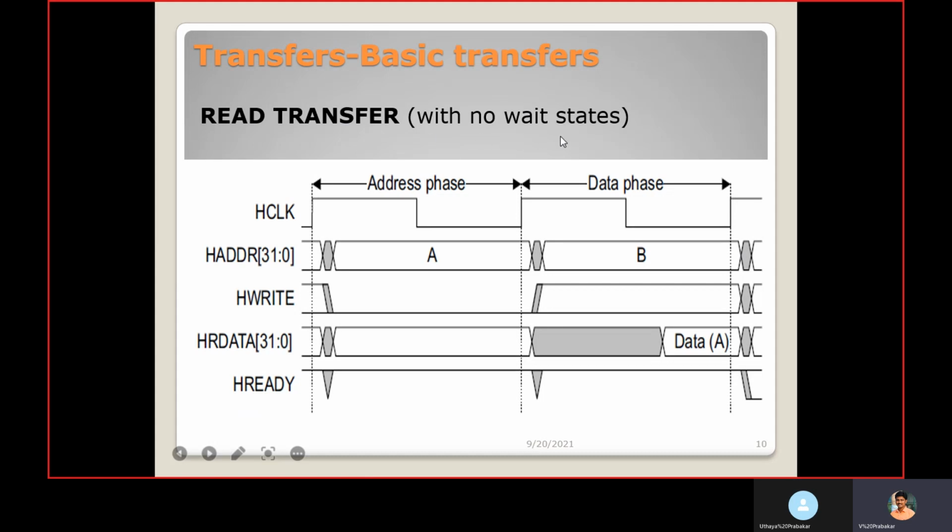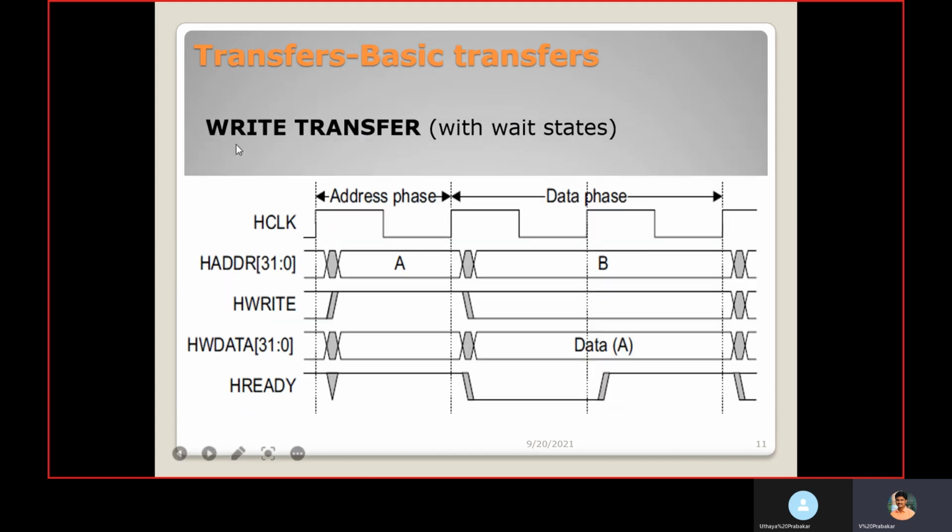When we introduce a wait state, this HREADY will be 0. You will see in this slide. Here we are performing a write transfer with wait state. That means the address phase happens as usual. The address A we are giving, HWRITE we are giving 1. That means we are going to do write, then the corresponding value we are writing here for this A location.